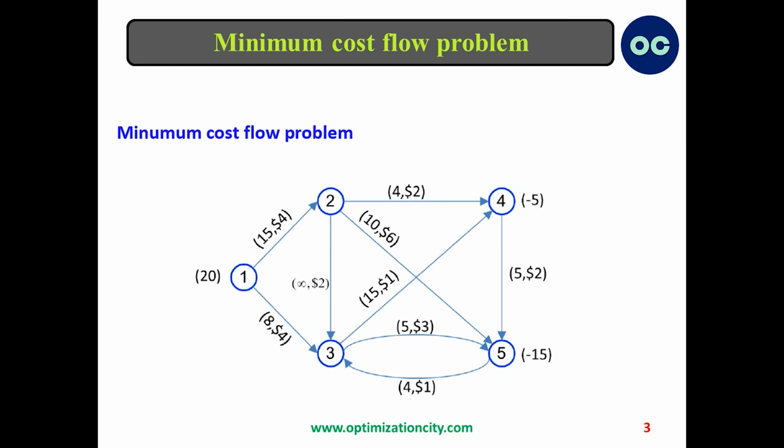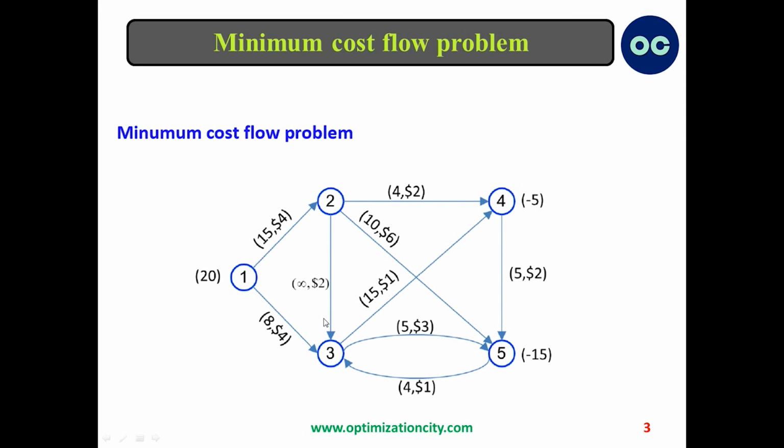For example, in arrow 2,4, the flow can range from 0 to 4 because the capacity is 4, and each unit passing through costs $2. The symbol infinity here indicates that there is no limit on the capacity of that particular arc.